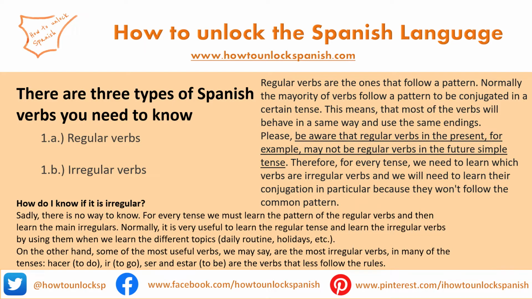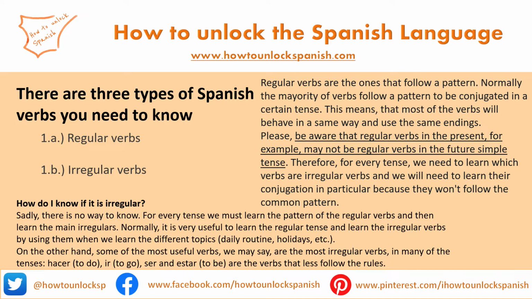So how do I know if it's irregular? Sadly, there is no way to know. For every tense, we must learn the pattern for the regular verbs and then learn the main irregulars. Learn like a list of irregular verbs and their own conjugations.